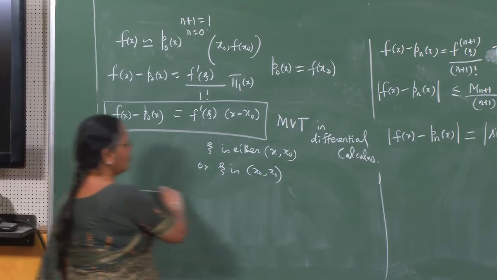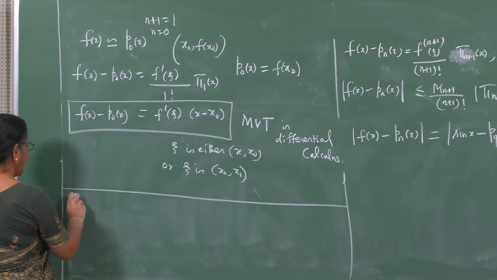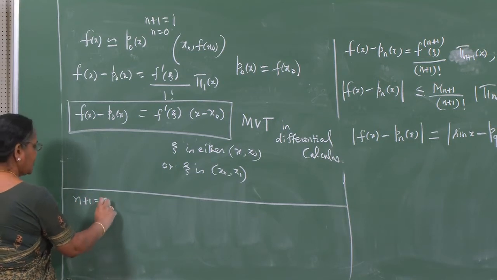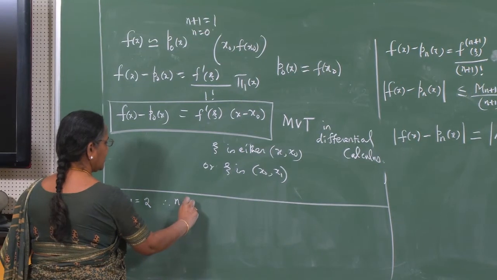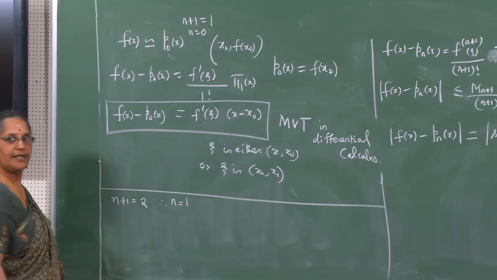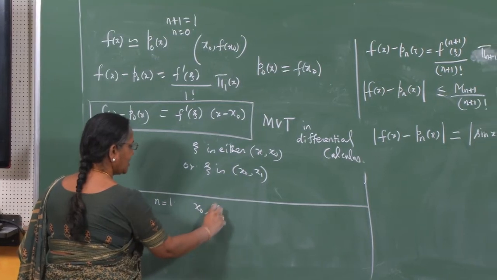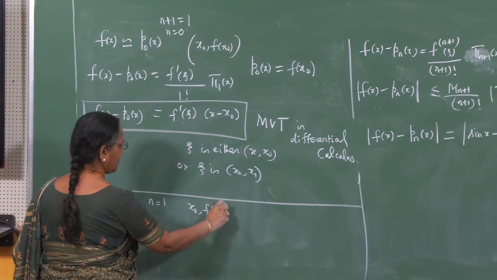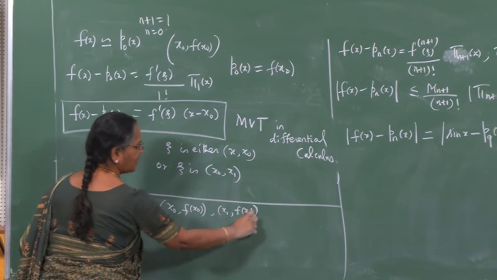Let us now work out the details when n plus 1 is 2 and therefore, n is 1. So, we are given information at x naught, f of x naught and x 1, f of x 1.